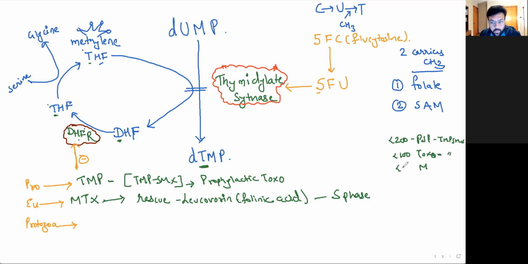And if the CD4 count is less than 50, we want to give them MAC prophylaxis. What is MAC? Mycobacterium avium complex. And we want to give them azithromycin here, but the guideline has changed.